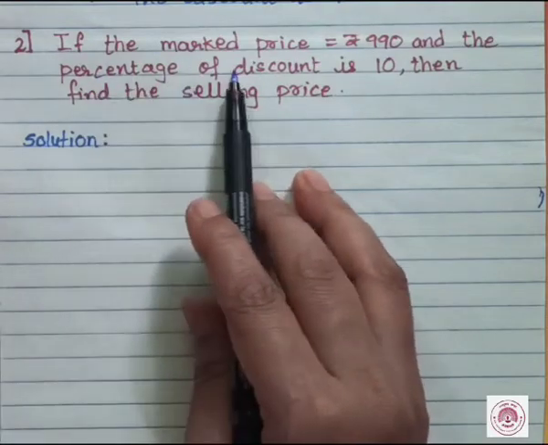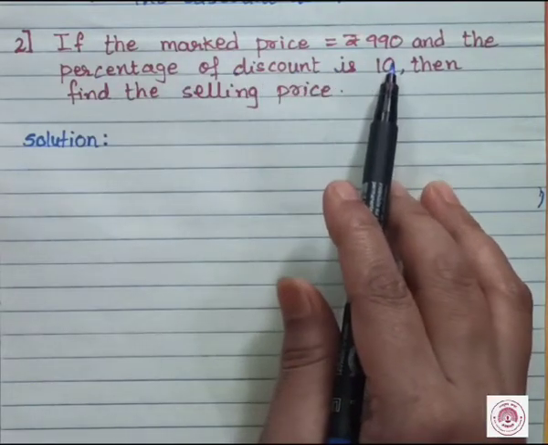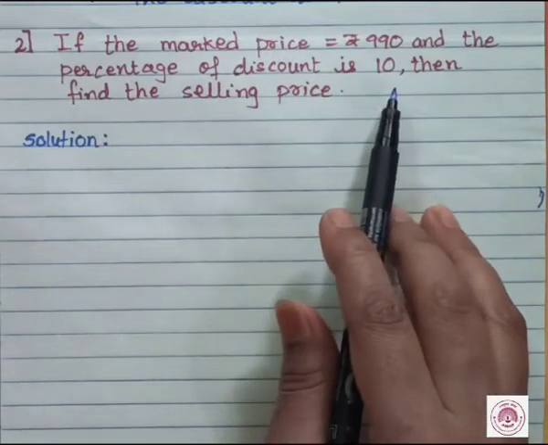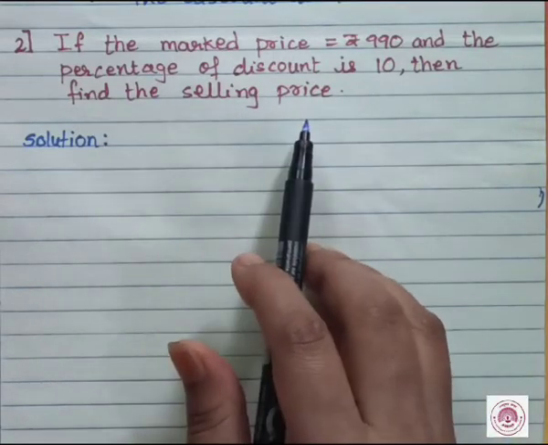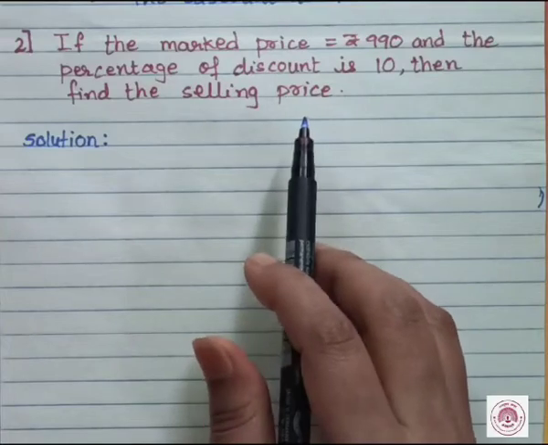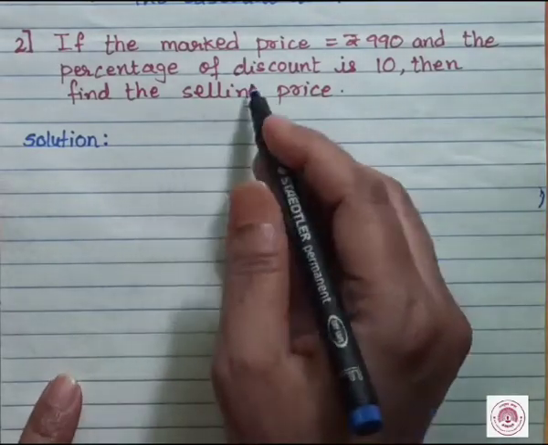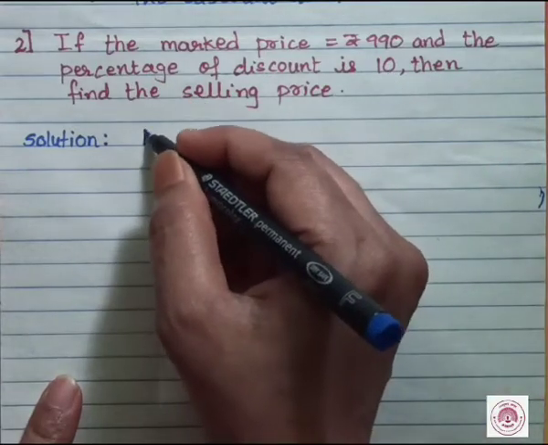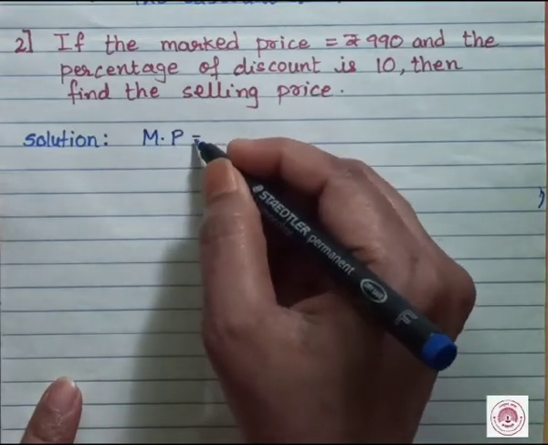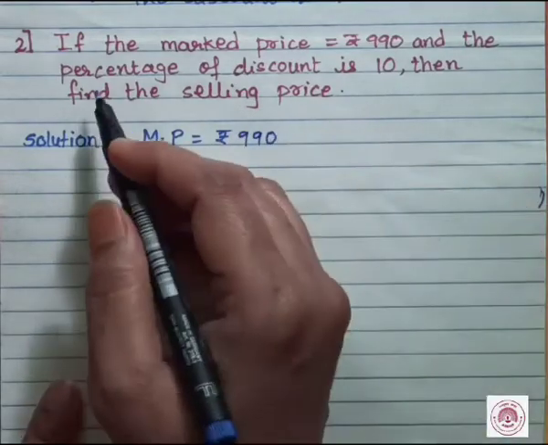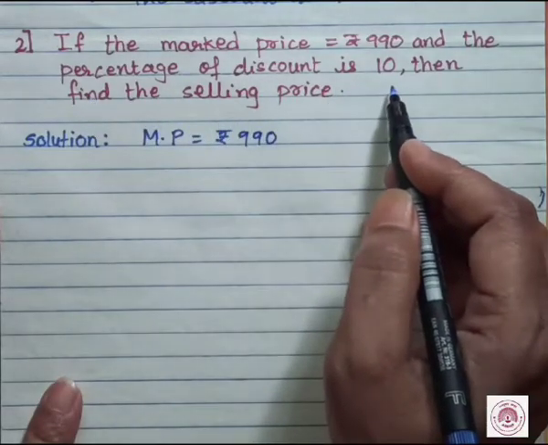Question is, if the marked price equals to rupees 990 and the percentage of discount is 10, then find the selling price. So here solution, what is given here? Marked price is given, so that means MP equals to rupees 990 and the percentage of discount is 10.